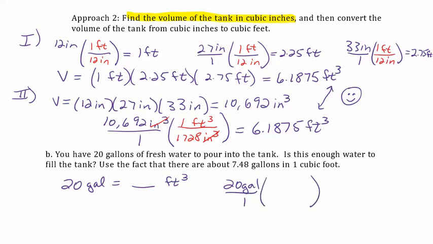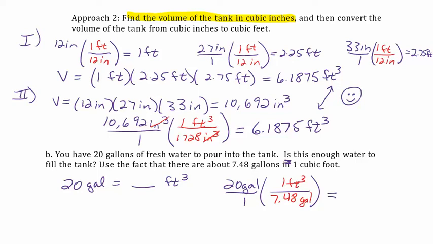All right, so let's do that. Here's our conversion right here. This is equal. 7.48 gallons is 1 cubic foot. Which one's going to go on the top? Which one's going to go on the bottom? Let's put our gallons down here so those will cancel. And 1 cubic foot.